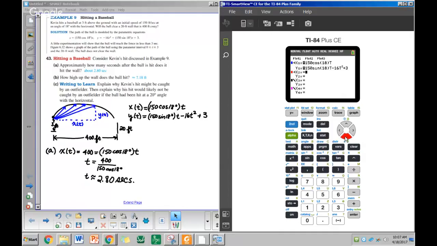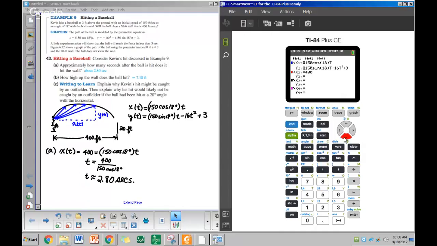Now, I want to draw the fence. How far away is the fence? We said it is 400. Is that a horizontal distance or a vertical? I'm asking it again, but it's horizontal, so I'm going to put it in the x. I'm going to put the fence at 400, and I need to make it a certain height.